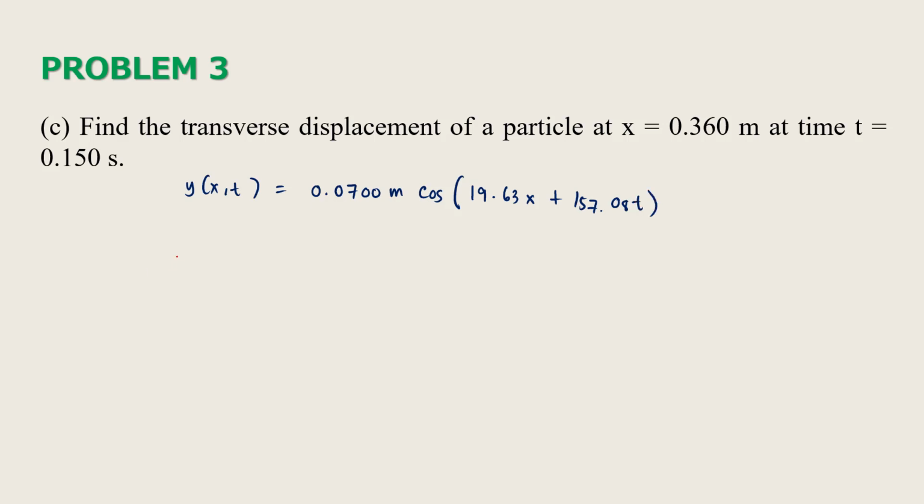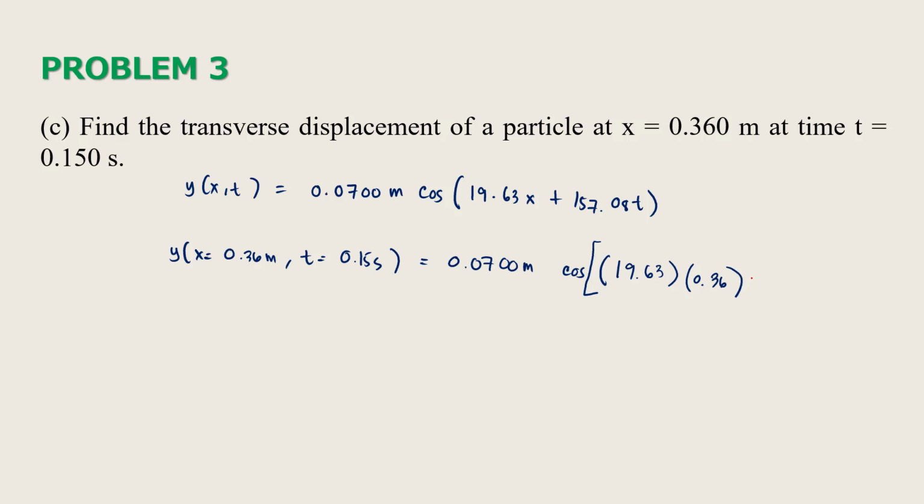So for x equals 0.36 meter and t equals 0.15 second, then we have 0.07 meter cosine, we have 19.63 multiplied by the value of our x, which is 0.36 meter, plus 157.08 multiplied by the value of t, which is 0.15 seconds.